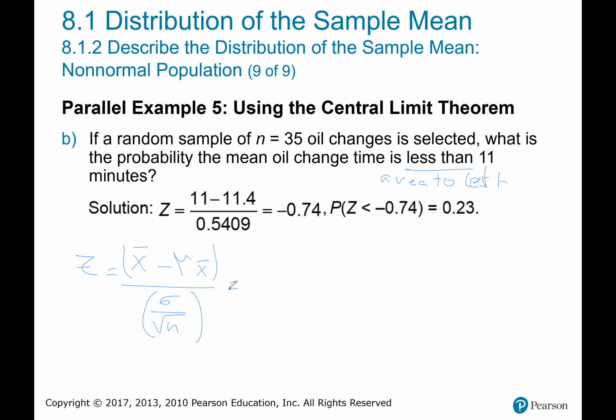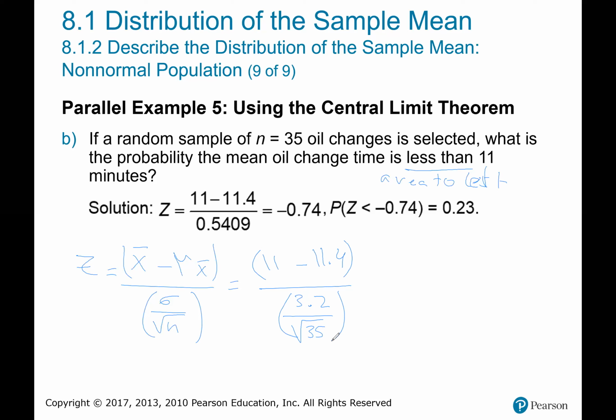So X bar is 11, because again, it's less than 11 minutes, minus the mean of X bar, which is the same as the mean of the population, 11.4 from part A, divided by the standard deviation of the population, 3.2, again from part A, and then the square root of the sample size, which is the square root of 35, okay?